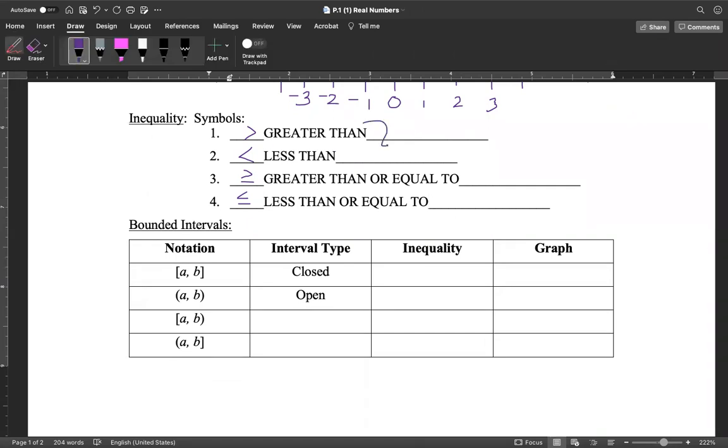So greater than and less than were open circles, okay? So remember, open circles on the number line where we're not including those numbers. But we don't want to move to the next number because then we're going to be missing all the decimals and fractions inside of there, okay? The less than or equal to or greater than or equal to, those are closed circles, meaning we are counting those numbers.